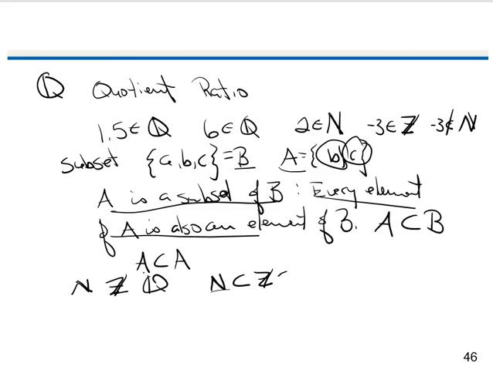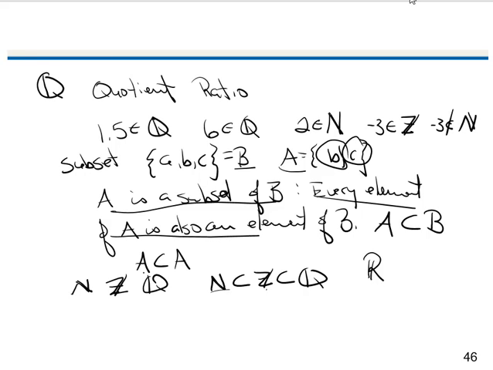And also we can say that Z is a subset of Q. We saw, for example, 1.5 is in Q, but we also saw that 6 was in Q, and so on. Every element of Z is in Q, so Z is a subset of Q. Okay, now what are the real numbers? The real numbers are denoted by that, but what are they?